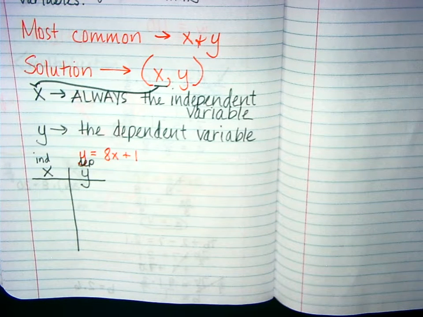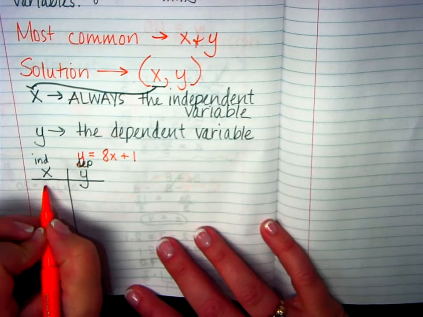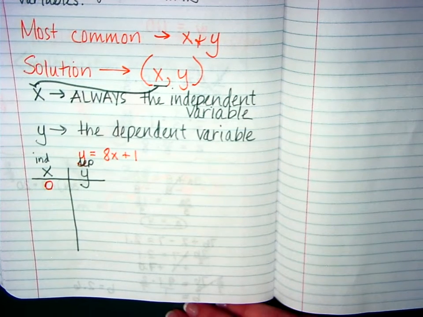So I want to teach you how I look at it, because you know I'm all about the shortcuts and making it easier for myself. I always start with 0, because 0 is little, and it means that I'm going to keep my numbers small. So I always put 0 in as my first thing for x.